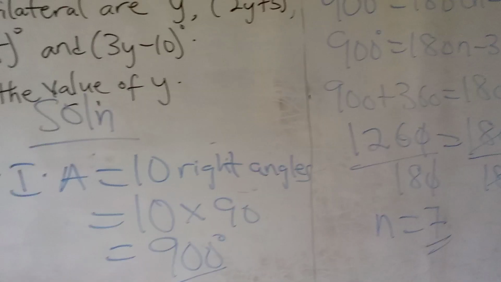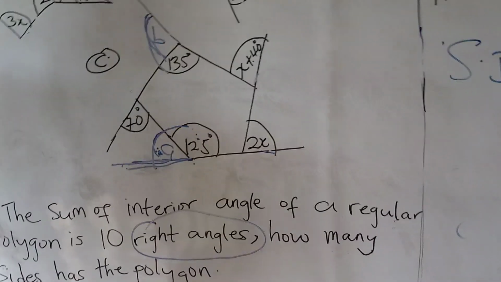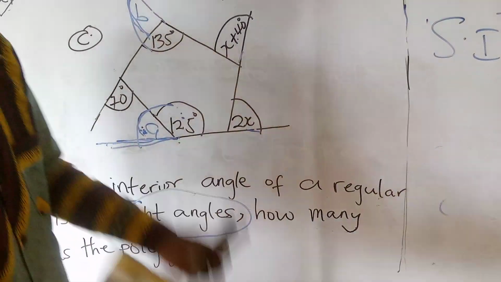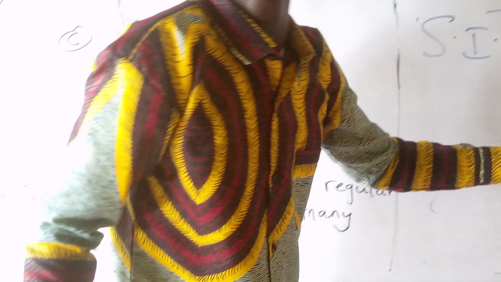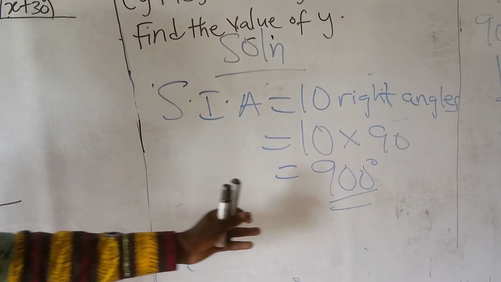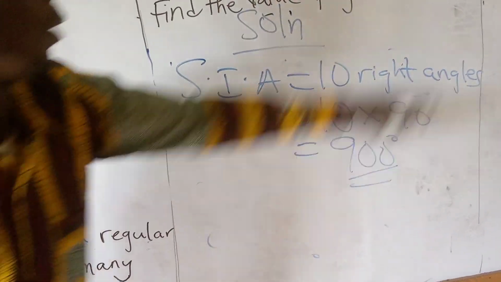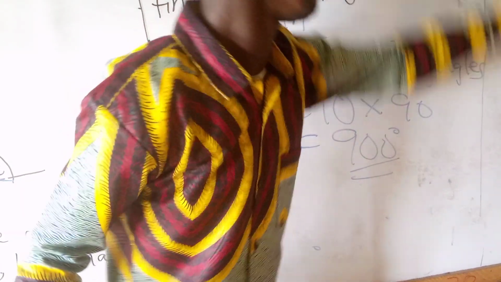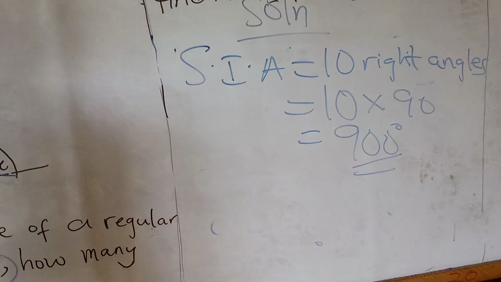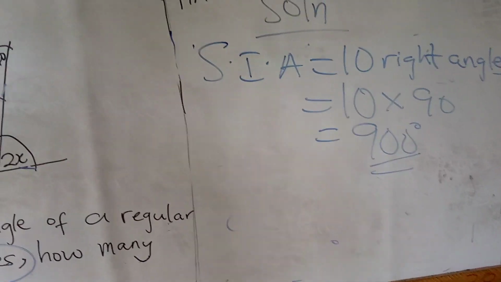So always, if they give you 10 right angles, or even 20 right angles, you just multiply the 20 by 90. 30 right angles, 30 by 90. Once you know your sum of interior angles, you substitute it here and work out the number of sides.